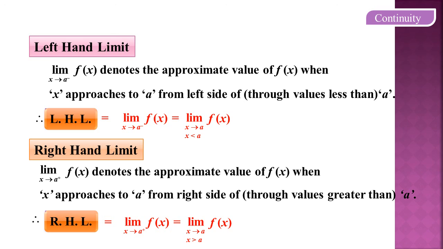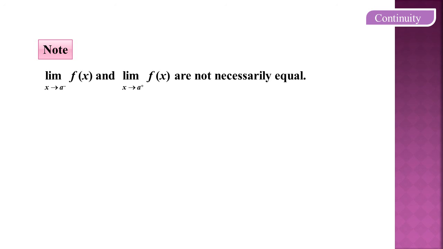If you know how to find left hand limit and right hand limit, it is easy to find the limit of a function. So please note down this next statement. The left hand limit, limit as x tends to a minus of f of x, and the right hand limit, as x tends to a plus of f of x, are not necessarily equal. I repeat, it is not compulsory that left hand limit and right hand limit must be equal.